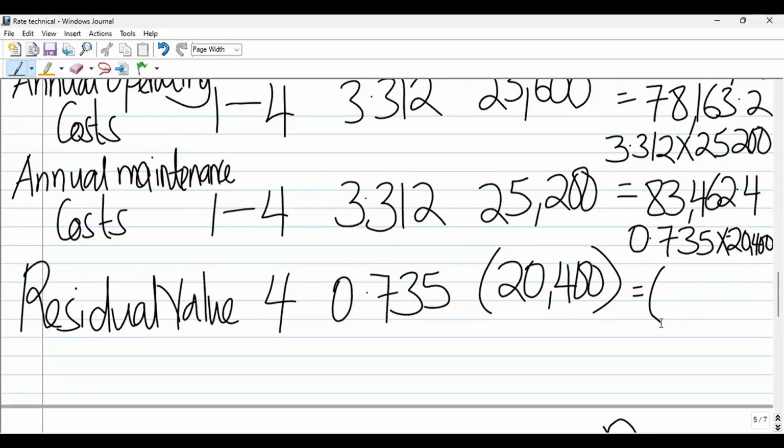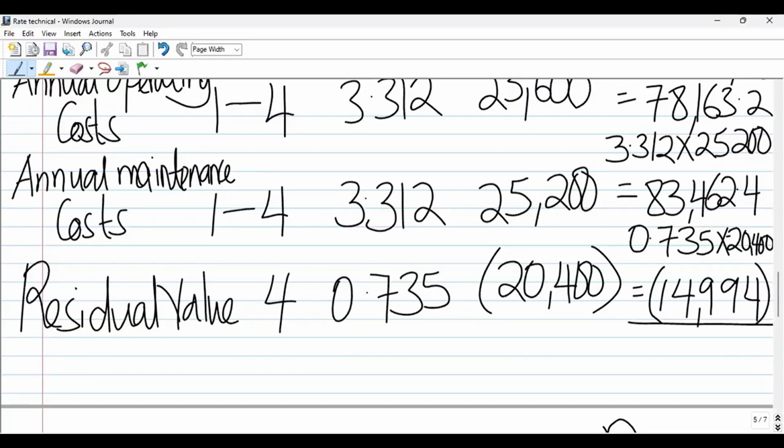So 0.735 times negative 2,400, what do we get? 14,994. So by the time I reach the 4 years, I had anticipated 2,400, but it will be worth 14,994 because of time value for money.